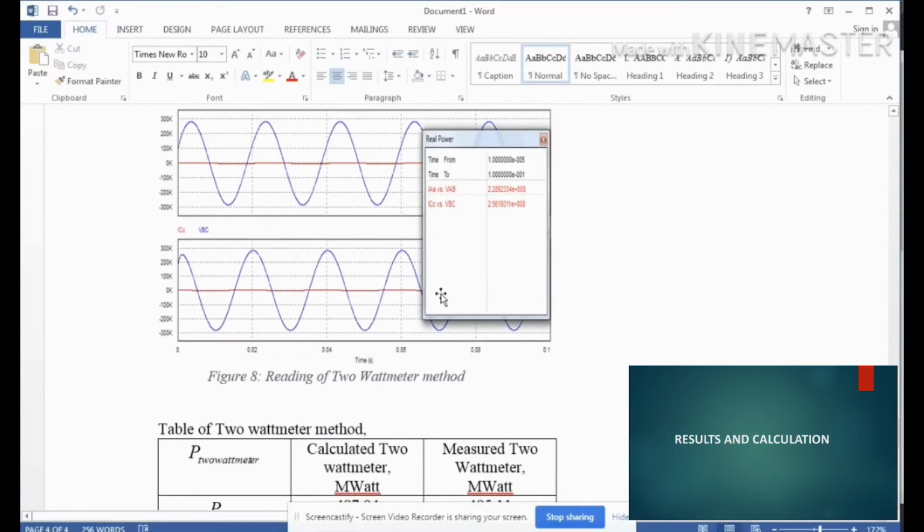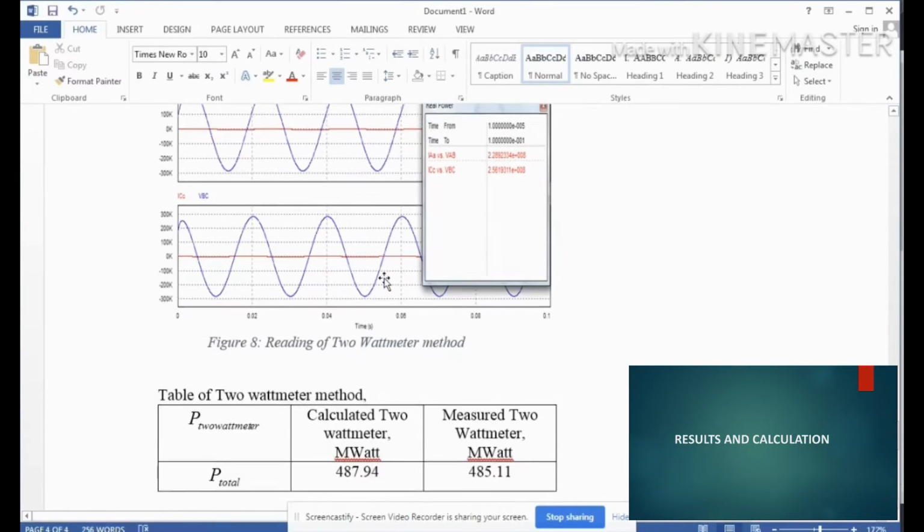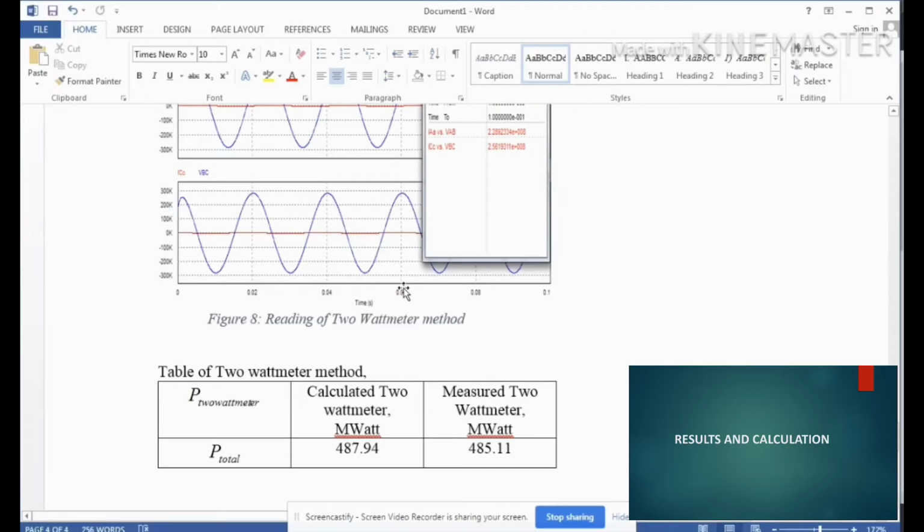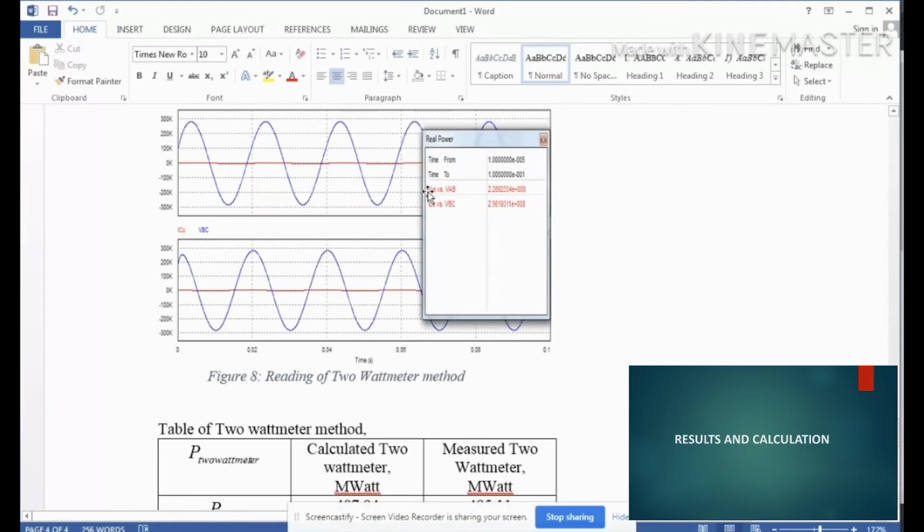Next is reading of 2 wattmeter. To get the reading of 2 wattmeter, we just take the value of P total. The value of P total is P1 plus P2, where P1 is IAA times VAB, which is 228.9 megawatt, plus P2, which is ICC times VBC, which the value that we got is 256.19 megawatt.